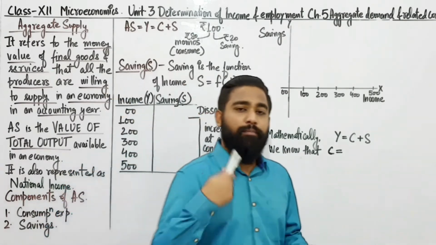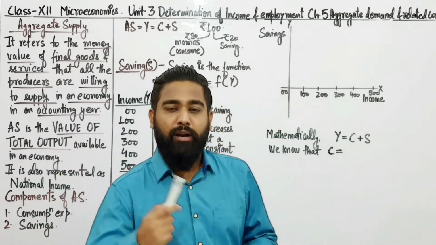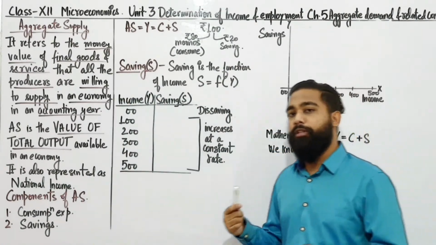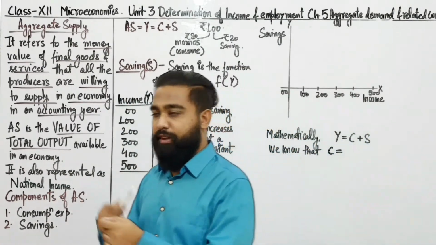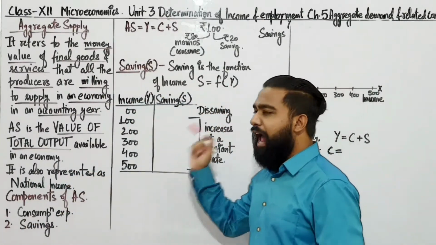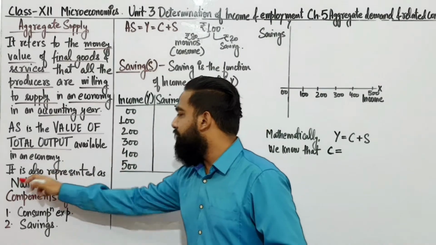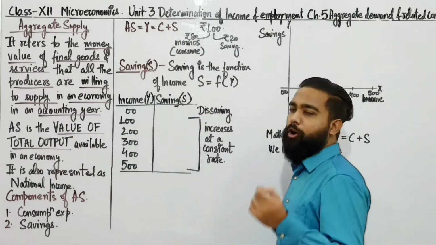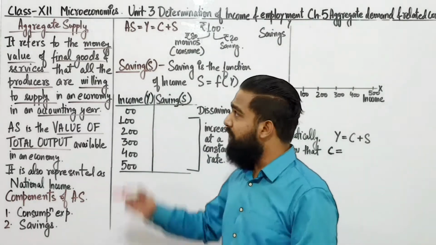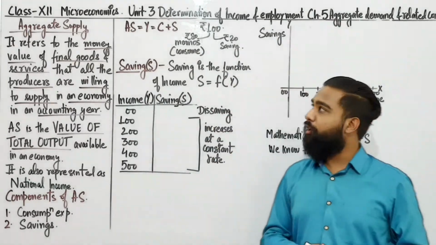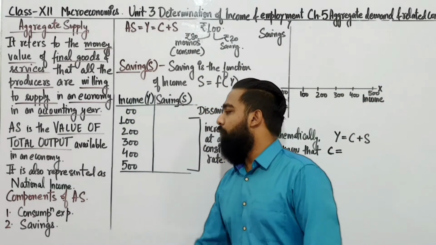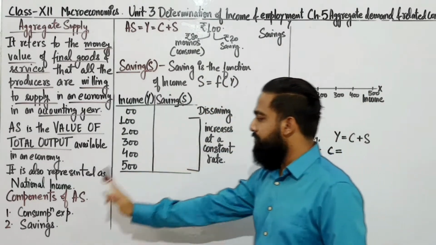We give some portion to the rent part, some portion to the interest part, some portion to the salary and wages part, and some proportion to the profit part to the entrepreneurs. If we add all those things, we can say that the value of total output means national income, which we studied in the first unit of macroeconomics. Now we can also represent it as national income.